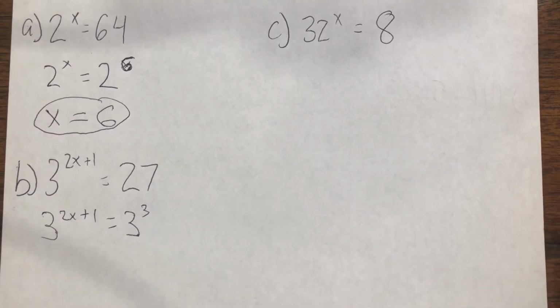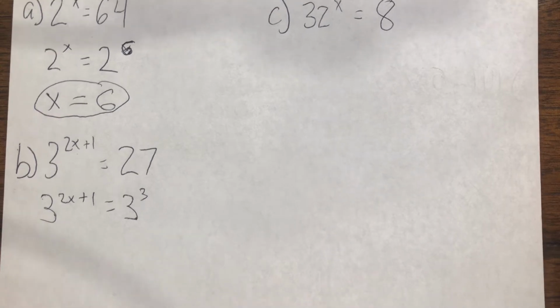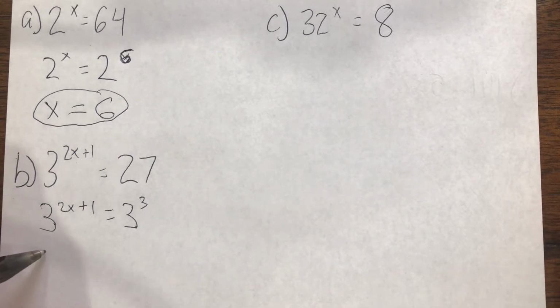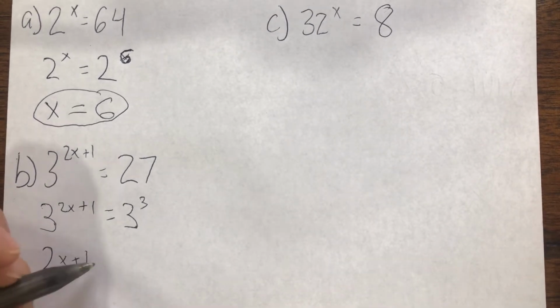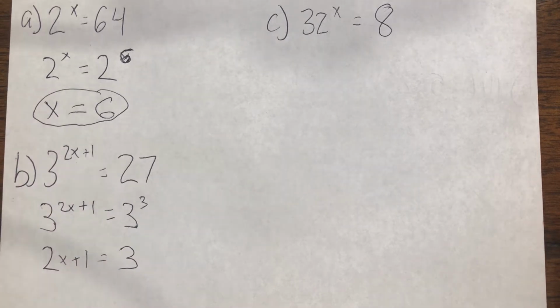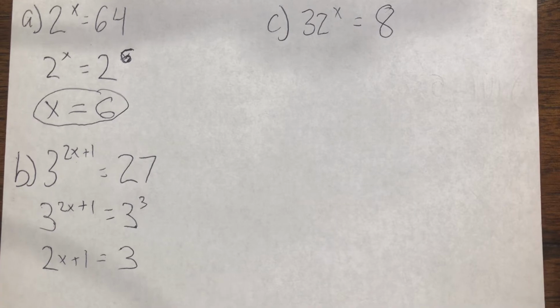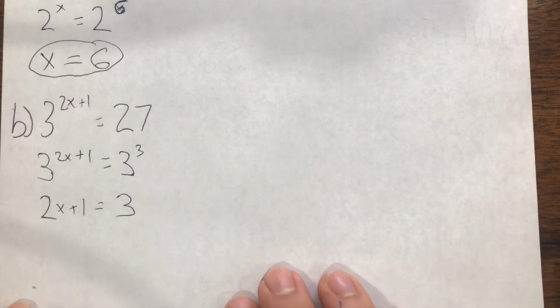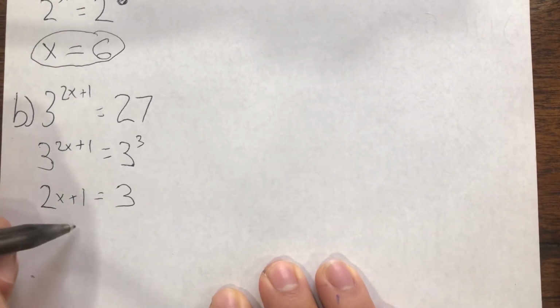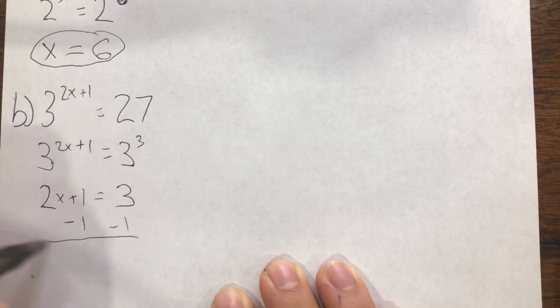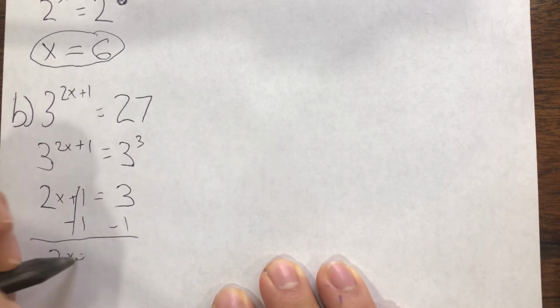All right. So now that my bases are the same, I can go ahead and make the exponents equal to each other. So I have 2x plus 1 equals 3. And all I need to do is solve for x, starting with subtracting 1 from both sides. I get 2x equals 2.